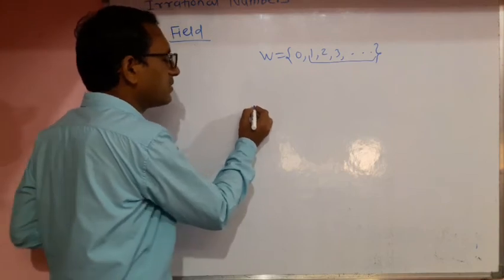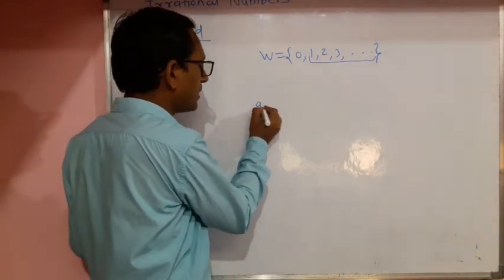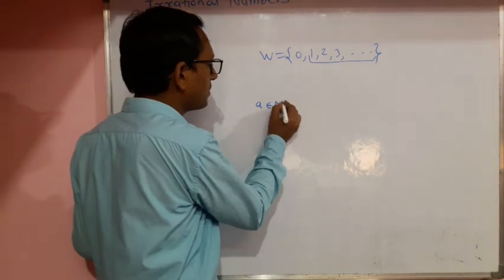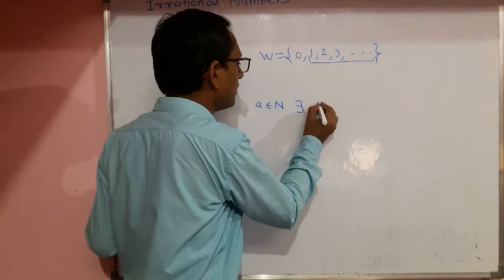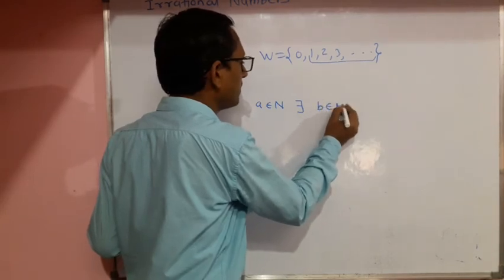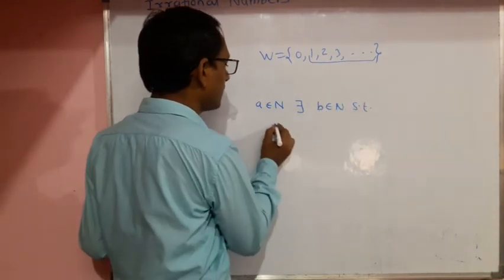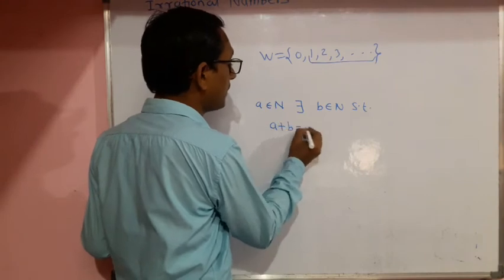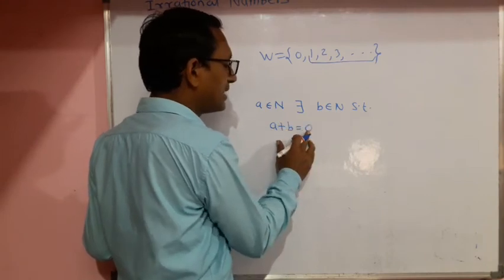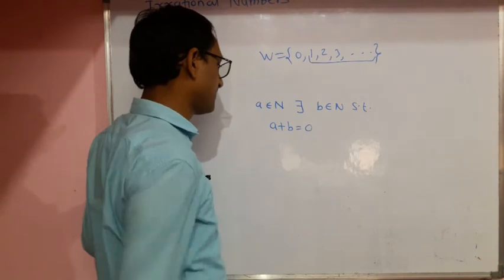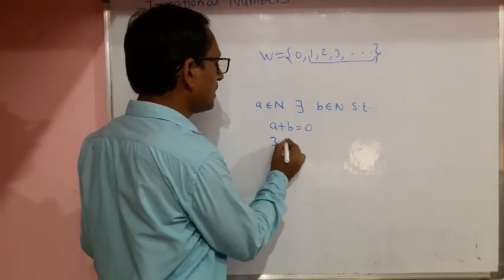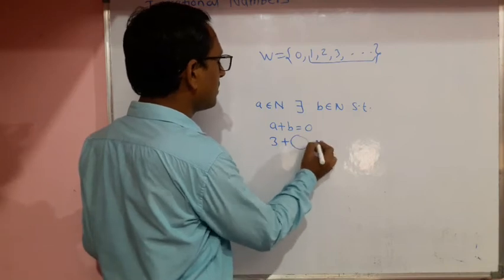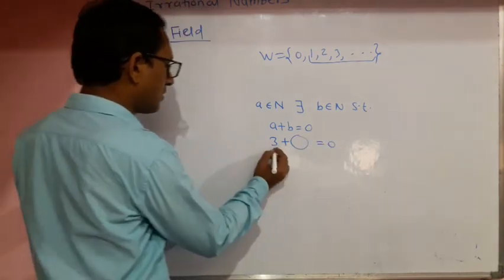That property number 5, that is, for every a belonging to W, there should exist some element b belonging to W such that a plus b is equal to the identity element of this set. Suppose for 3, which element exists such that this is equal to 0?